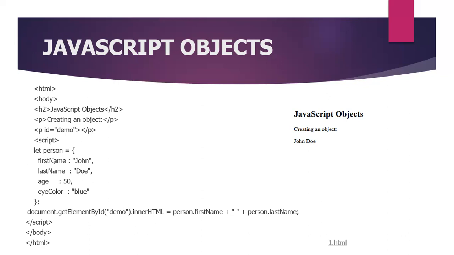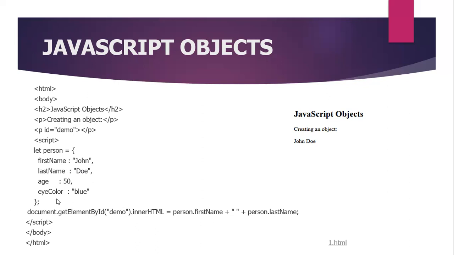Inside that I am declaring let person is equal to first name John, last name Doe, age 50, eye color blue. So this will be considered as key value pairs for the person object. After declaring, I'm using a semicolon. So under script, all the statements will be separated by semicolons.